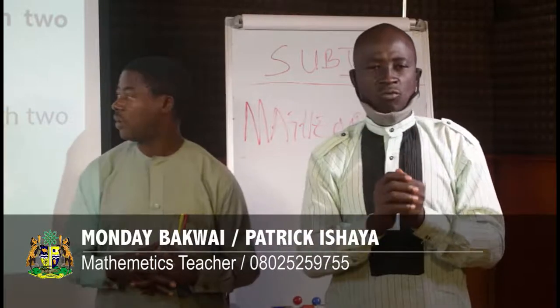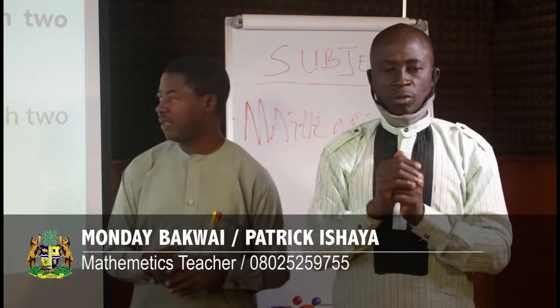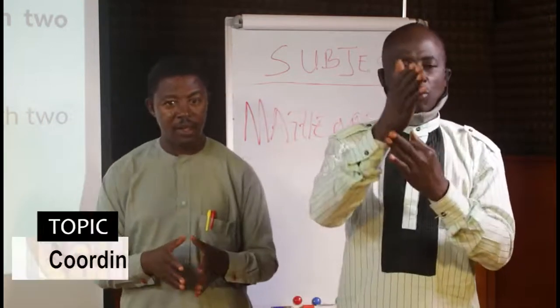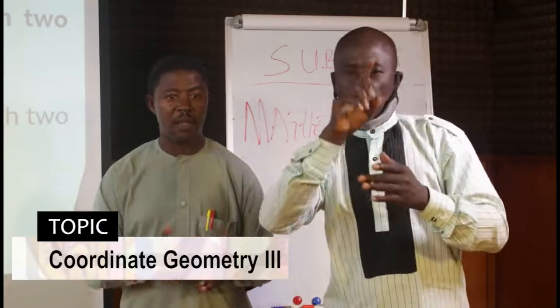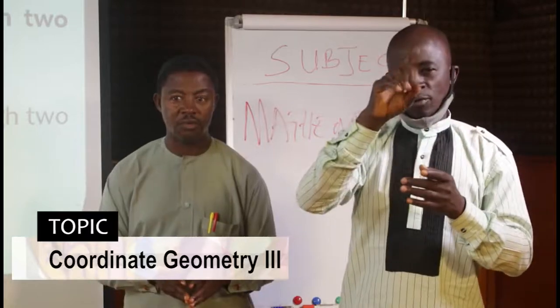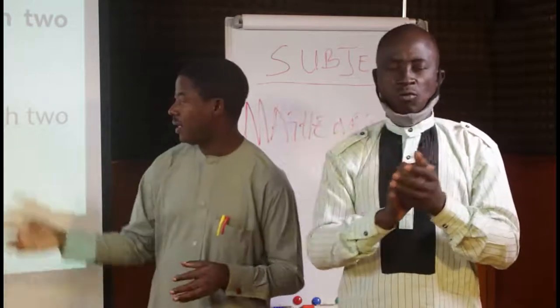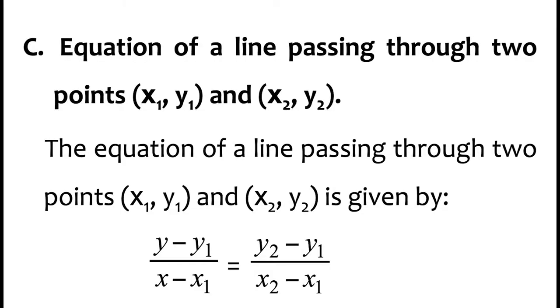The general equation of a line passing through 2 points, x1, y1 and x2, y2 is given by y minus y1 all divided by x minus x1 equals to y2 minus y1 over x2 minus x1.